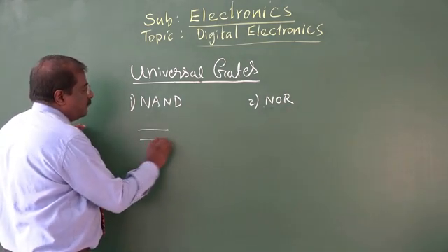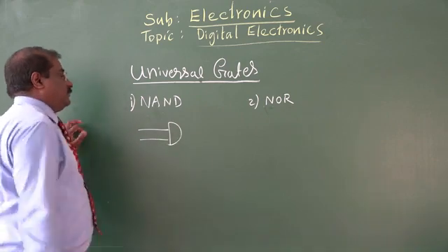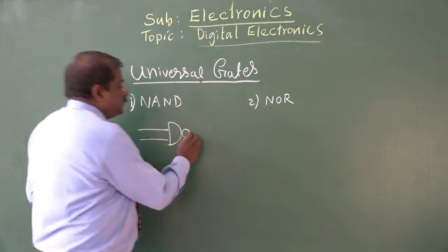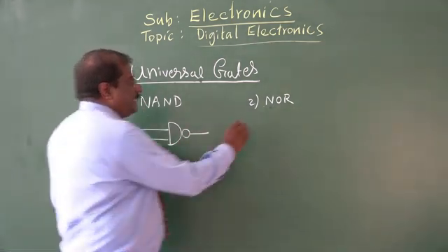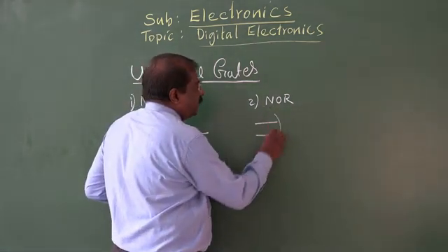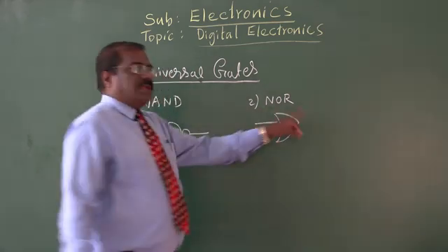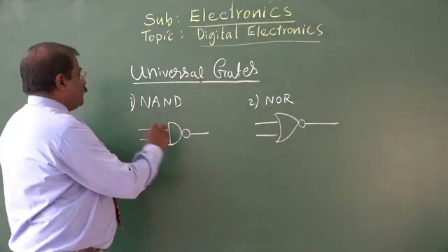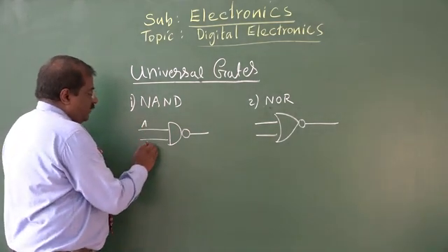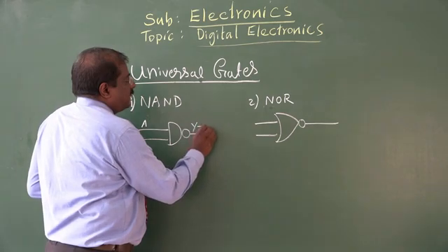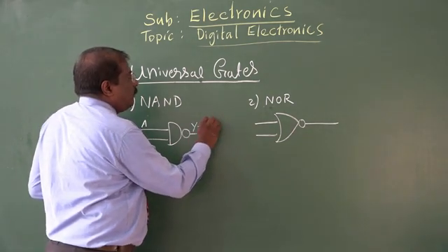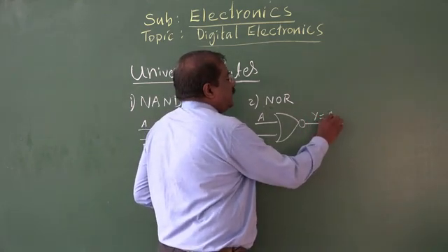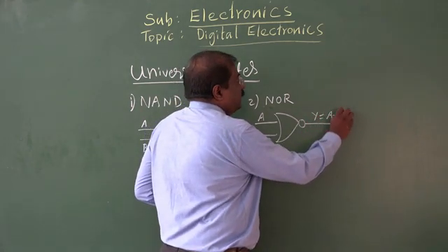Once more I will write the symbol: an AND gate, write the bubble here, then it converts to NAND. In the same case NOR, write an OR function, take a bubble here in the output, then it is called a NOR function. I will write the logical functions y equals A dot B whole bar, and y equals A plus B whole bar.